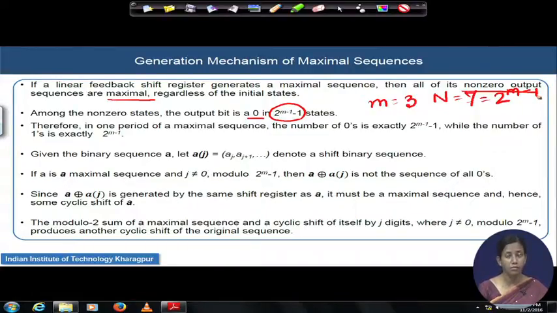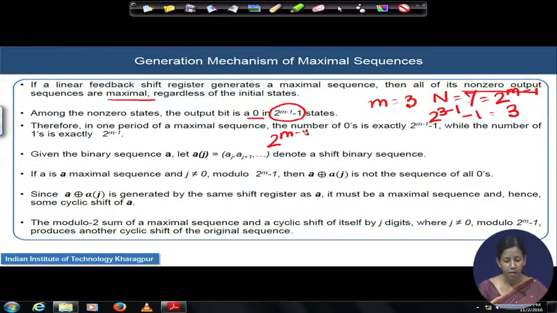Count the number of zeros there, and you will see you get exactly 2 to the power 3 minus 1, that is just 3 zeros in the generated sequence. So it proves that for an ML sequence the number of zeros is exactly 2 to the power m minus 1 minus 1, and hence the number of 1s you will get is 2 to the power m minus 1.